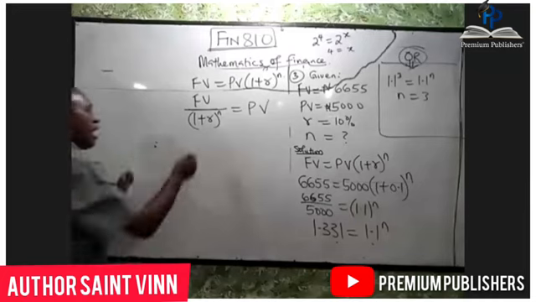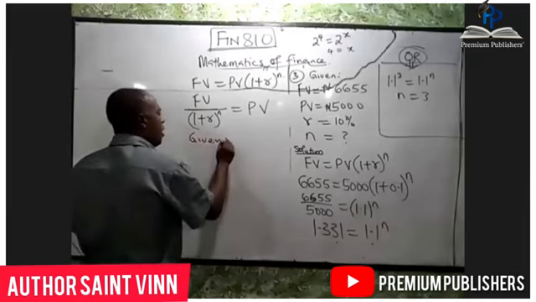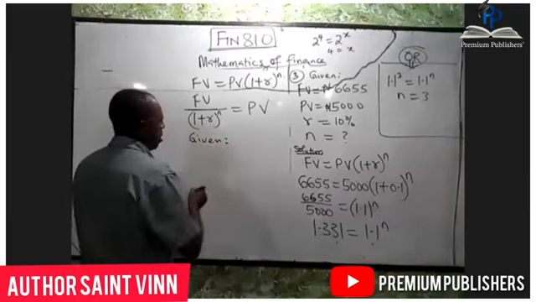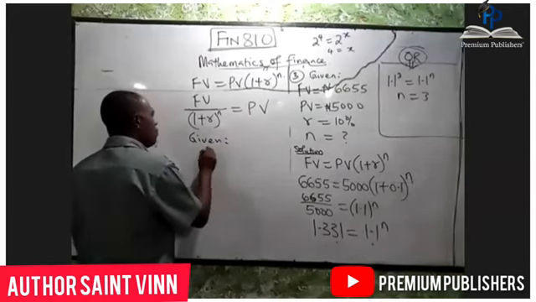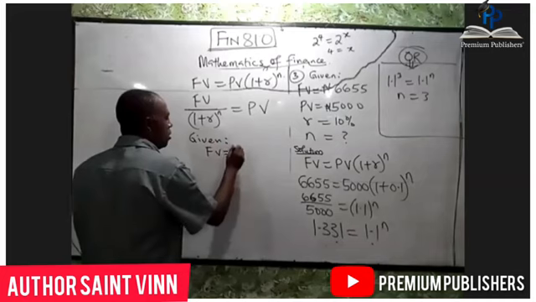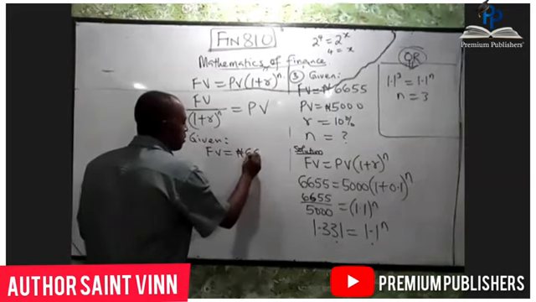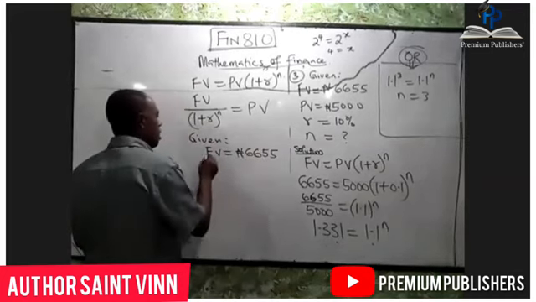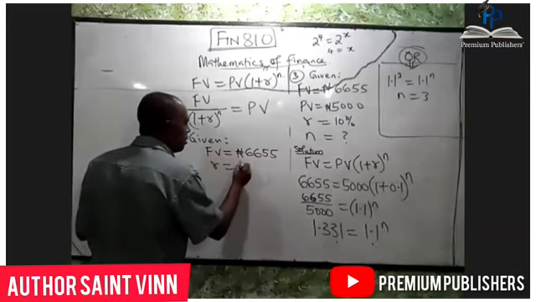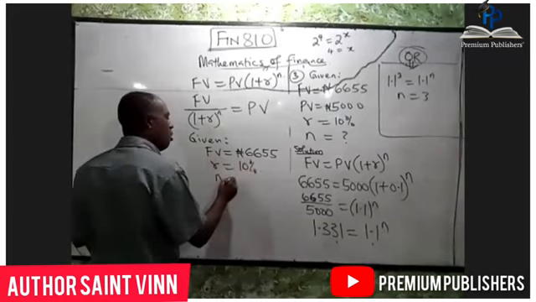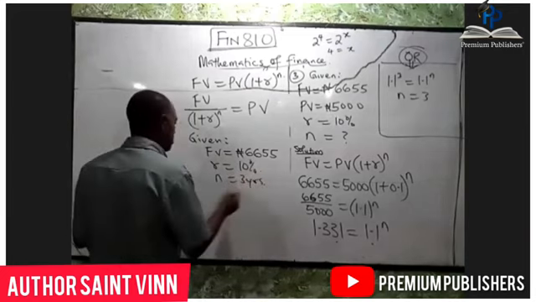So, with our question before, we're still using it. We don't want to give ourselves too much stress calculating some things. Future value is 6655. Rate is also 10%. Number of years is 3.